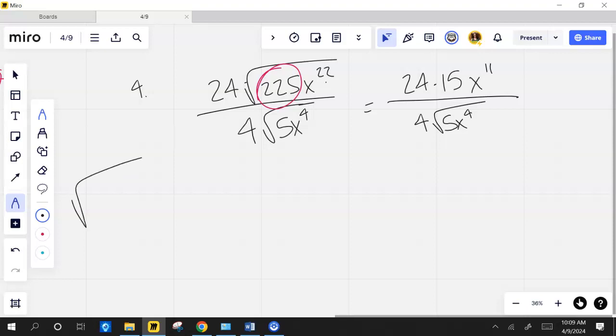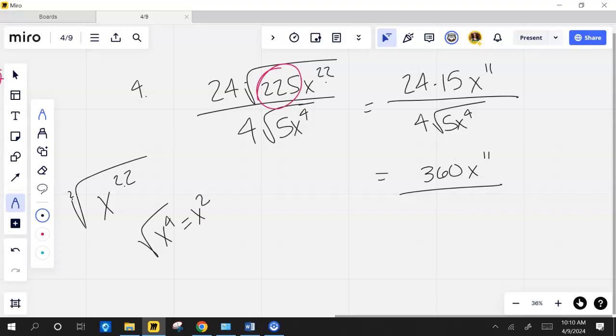Remember, if I've got it under the radical and it's a variable, I say 2 goes into 22 how many times, and whatever's left stays under there. So I got, what is it, 360 x 11 over, and I can actually do the same thing with this x to the 4th. Okay, it's not wrong to multiply the top and the bottom by root 5x to the 4th, but the square root of x to the 4th is x squared.